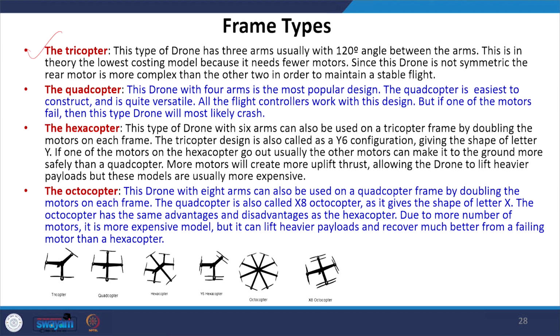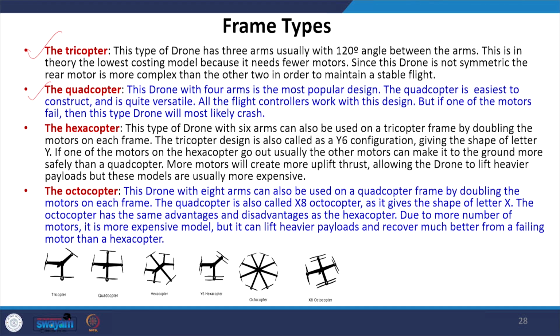The quadcopter gives you perfect symmetry, 4 arms, and it is the most popular design. It is easier to construct and it is quite versatile. All the flight controllers work with this design, but if one of the motors fails, then this type of drone will most likely crash because there will be imbalance in the system.